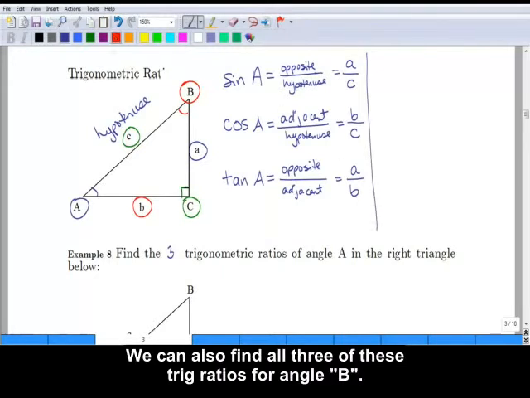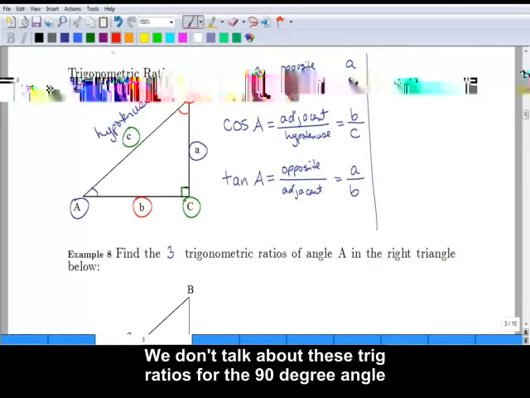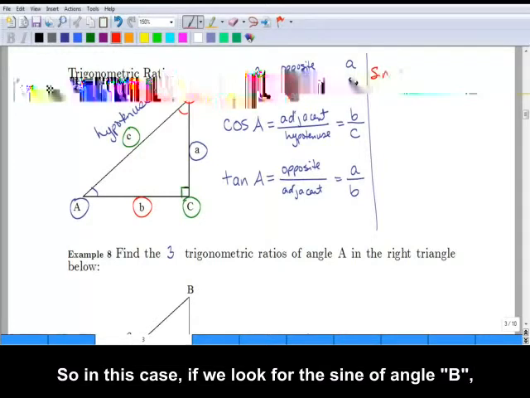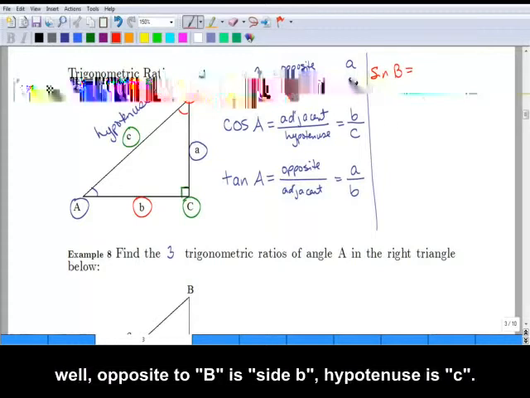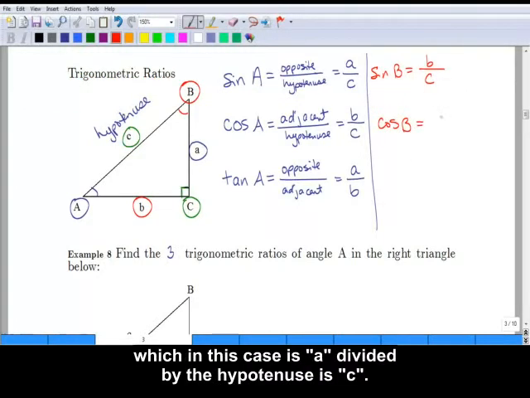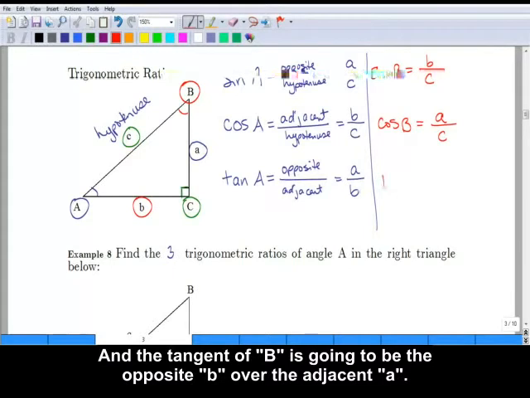We can also find all three of these trig ratios for angle B. We don't talk about these trig ratios for the 90-degree angle, that's the right angle, but we can talk about them for A and B. So if we look for the sine of angle B, opposite to B is side B, hypotenuse is C. For the cosine of angle B, we want the adjacent side, which in this case is A, divided by the hypotenuse C. And the tangent of B is going to be the opposite B over the adjacent A.